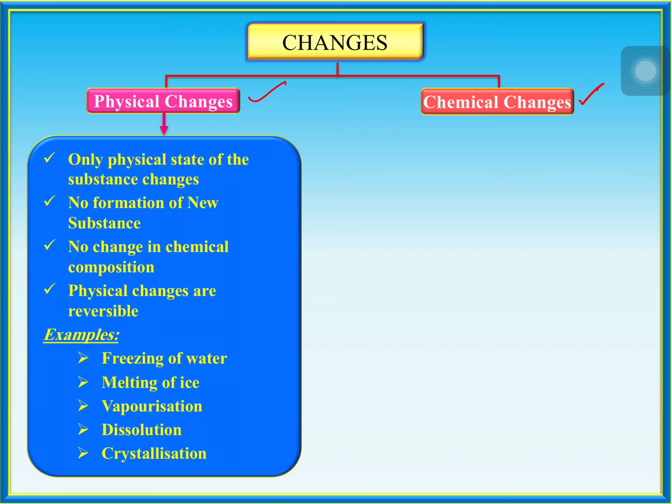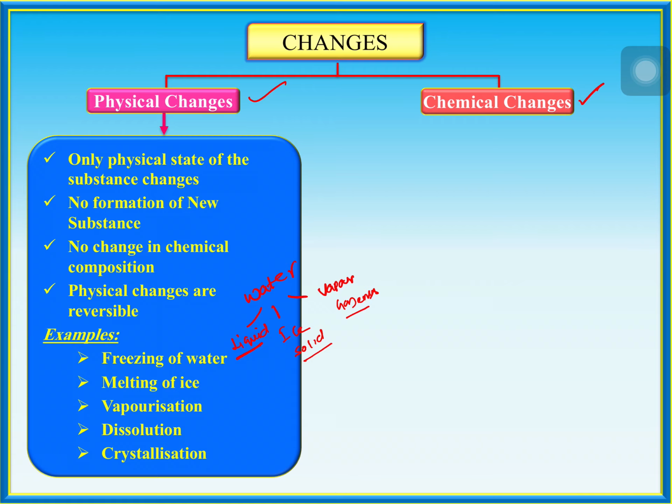If you look at water, water can exist in 3 forms. What are they? Liquid form, which you are drinking; ice, that is solid form; and water vapor, that is gaseous form. Liquid water you are drinking, ice you are chewing as ice cream, and vapor you are exhaling or inhaling every time.